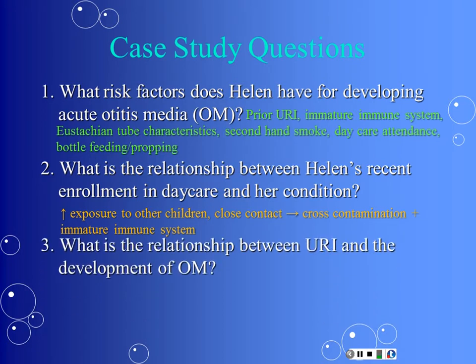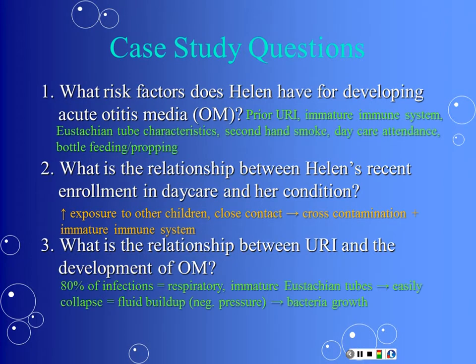So, what's the relationship between the upper respiratory infection and the development of otitis media? Right, they're already irritated, and we're talking about an immature immune system, so they're already at risk. When we're looking at children, 80% of infections are respiratory.